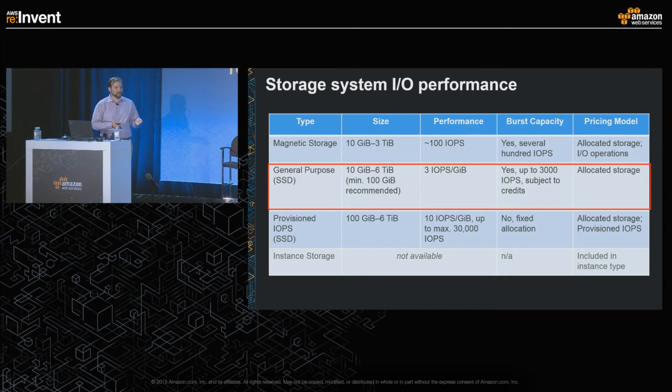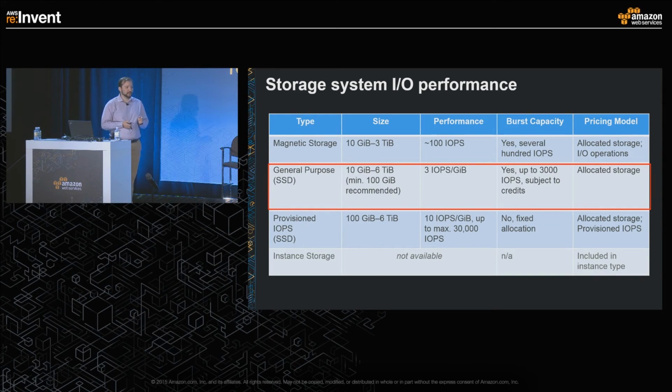Now, the next storage type you can choose is GP2, or general purpose storage, using SSD. And you can go from 10 gigabytes to 6 terabytes. You get 3 I/O operations per gigabyte that you reserve. And this capacity can actually burst up to 3,000 I/O operations per volume.